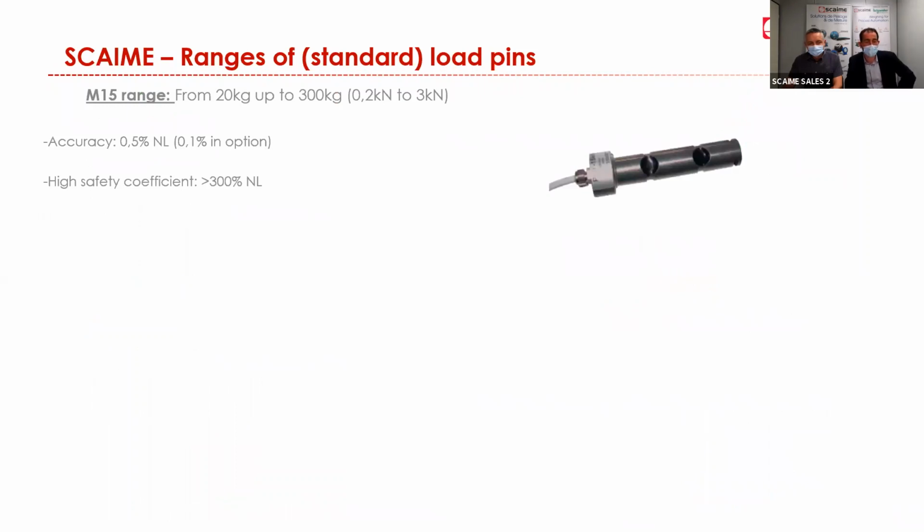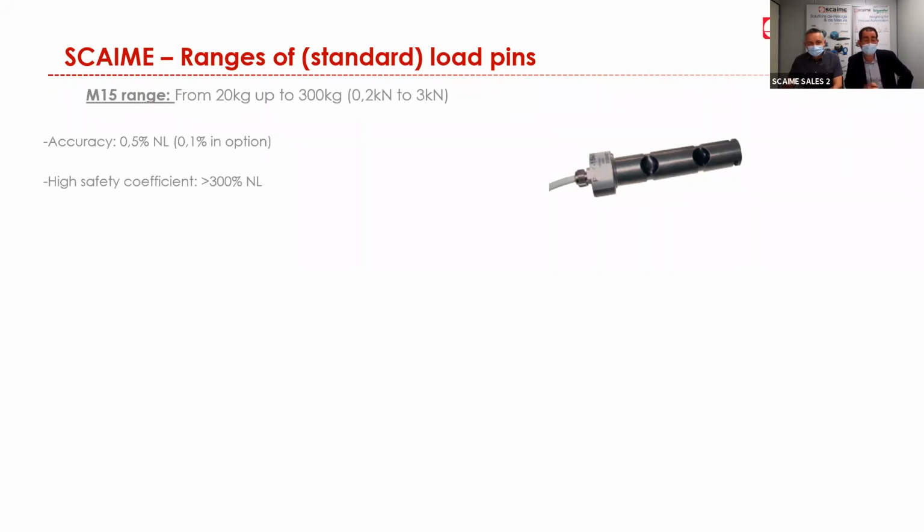Now, our standard ranges of load pins. SCAIME offers two ranges of load pins. The M15 range, with load pins going from 20 kilo up to 300 kilo, or 0.2 kilonewton to 3 kilonewton.